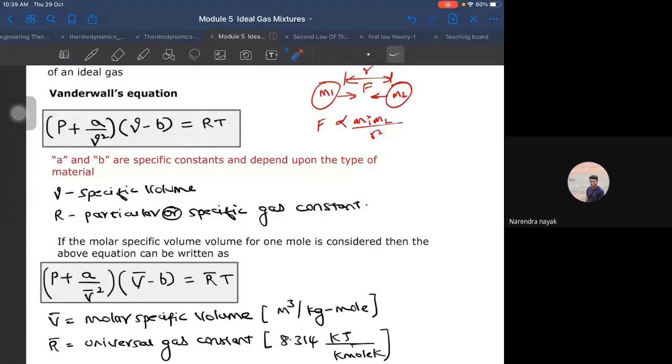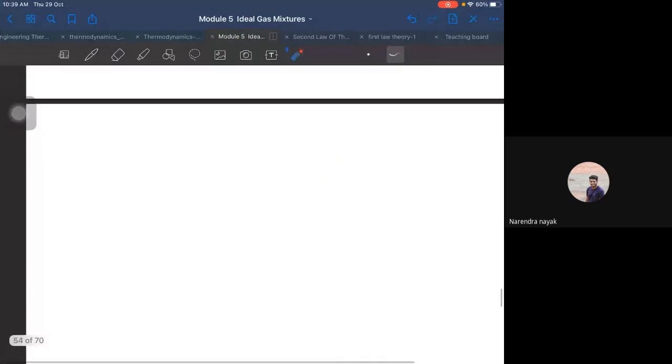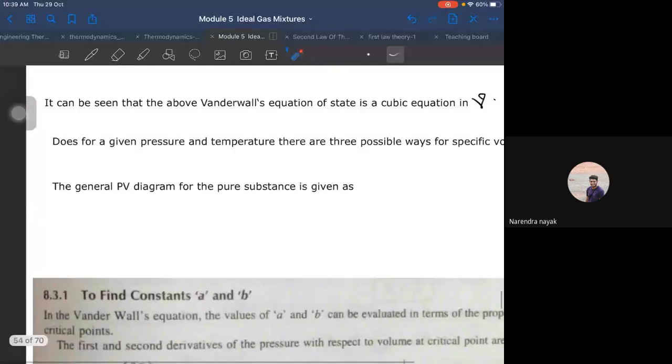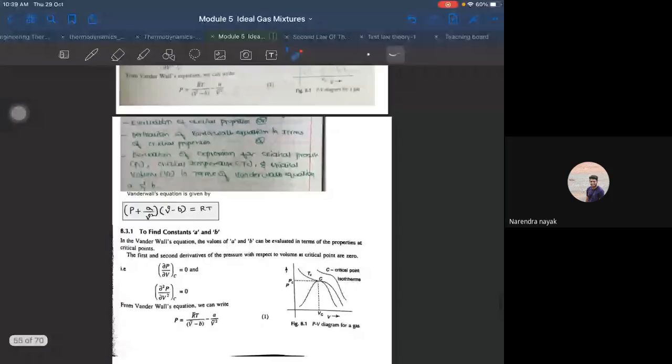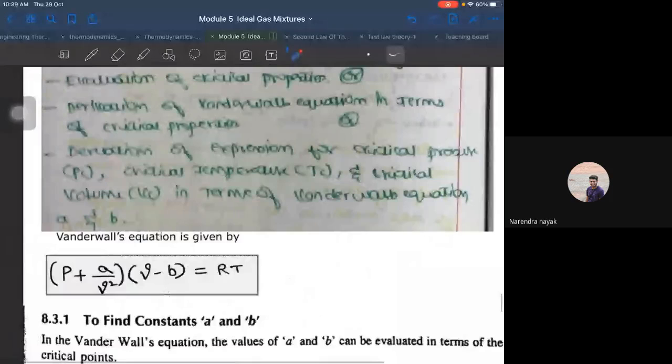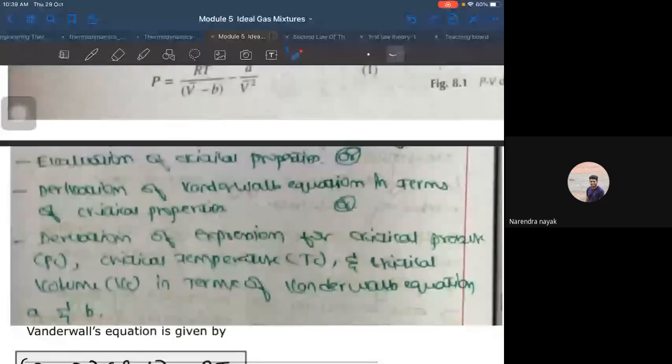Okay. So we shall try to derive these equations. In this way, your questions might be asked in your examinations, guys. The number one is evaluation of critical properties: derivation of the Van der Waals equation in terms of critical properties, and derivation of expressions for critical pressure, critical temperature, and critical volume in terms of the Van der Waals constants a and b.